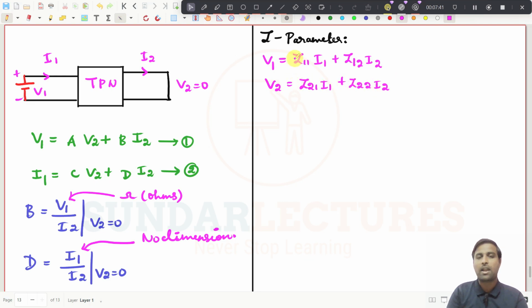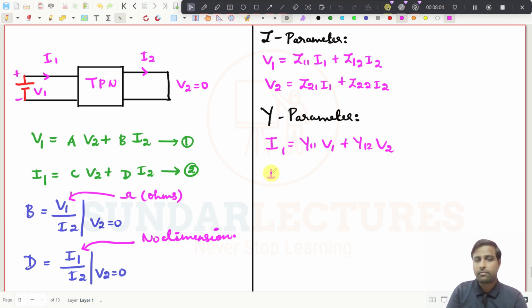And then the Y parameter. We have gone through the Y parameter, where you write the expressions in terms of I. So it will be I1 equals Y11 V1 plus Y12 V2, and I2 equals Y21 V1 plus Y22 V2. This is the Y parameter.